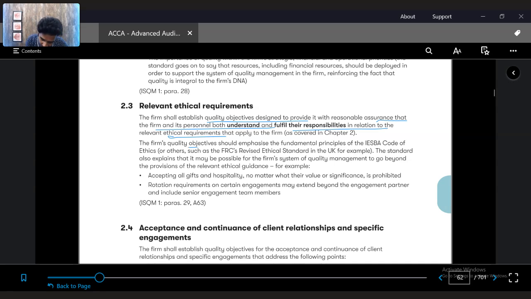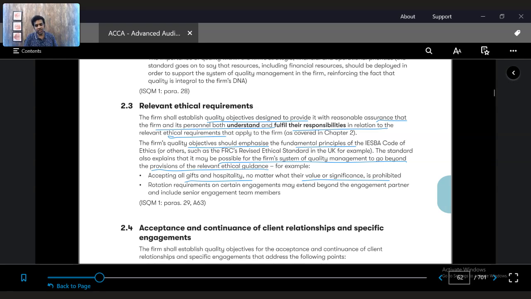So the firm's quality objectives should emphasize the fundamental principles which have been established by ACCA, and the standard also explains that it may be possible for the firm's system of quality management to go beyond the provisions of the relevant ethical guidance. For example, accepting all gifts, no matter what their value or significance, is prohibited.